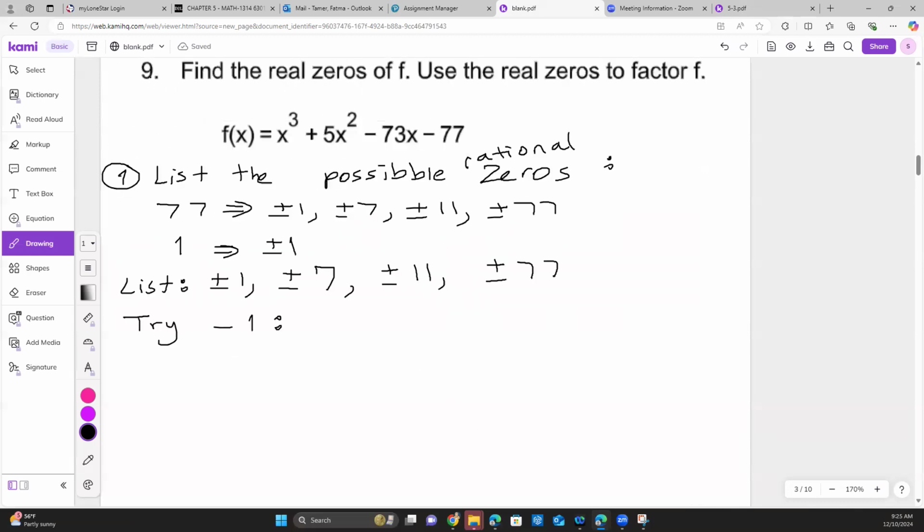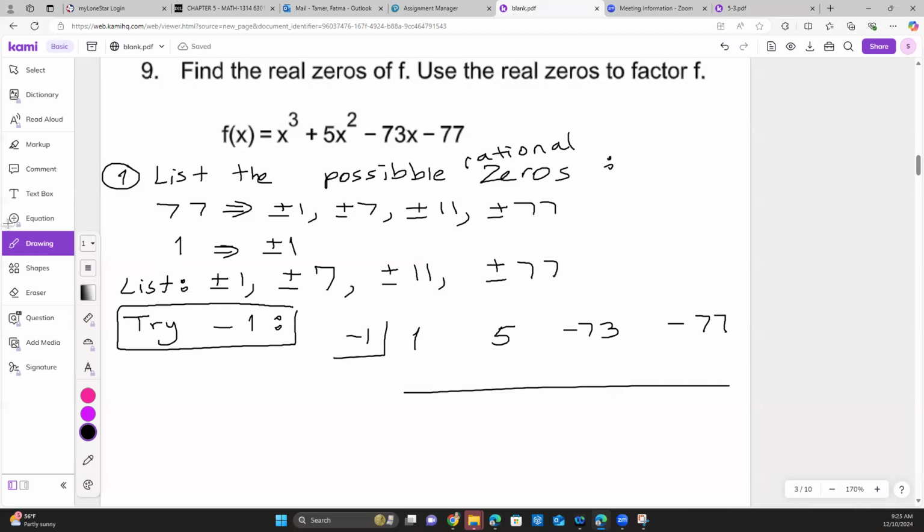How can I do this? Can negative 1 be an actual 0? I don't know this answer until I perform a synthetic division. So we have 1x cubed, 5x squared, negative 73x, and negative 77. I want to see if negative 1 will be an actual 0.